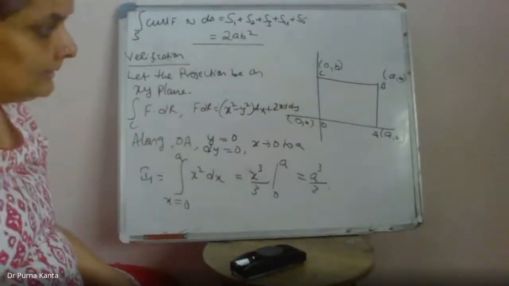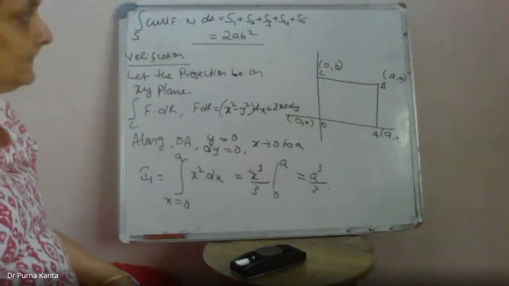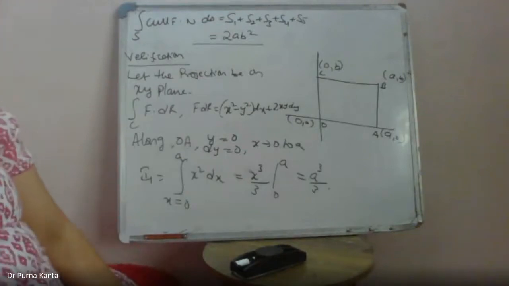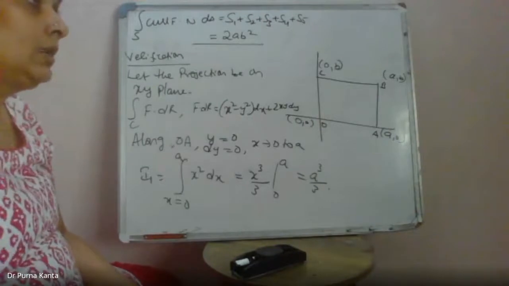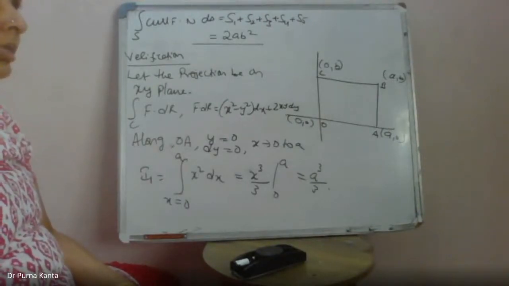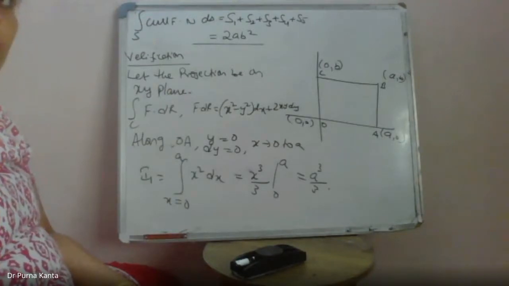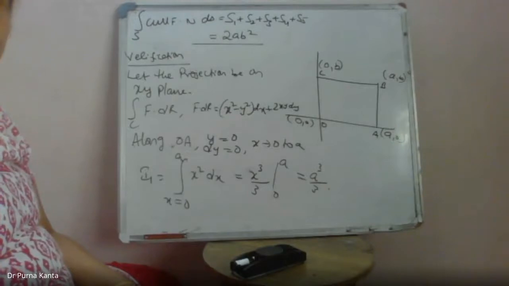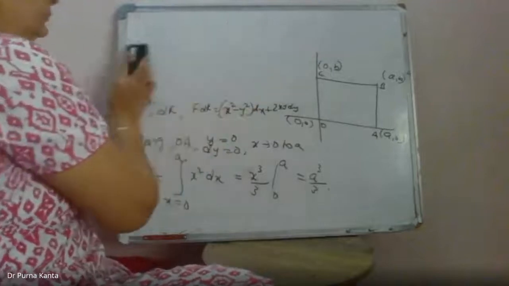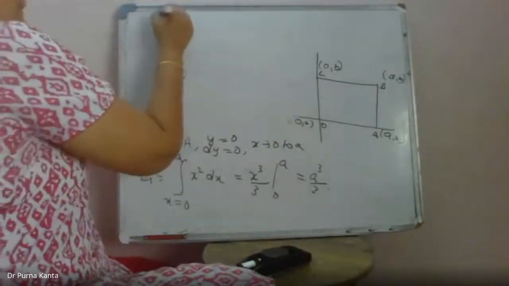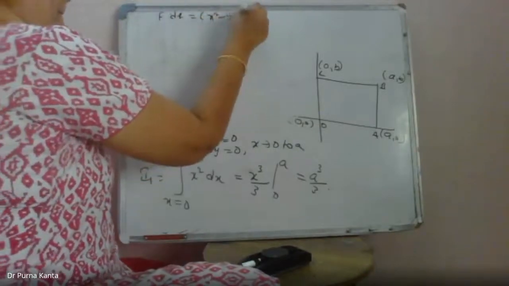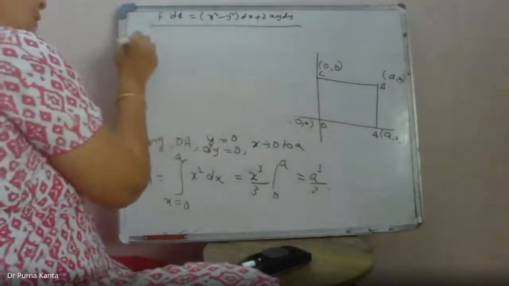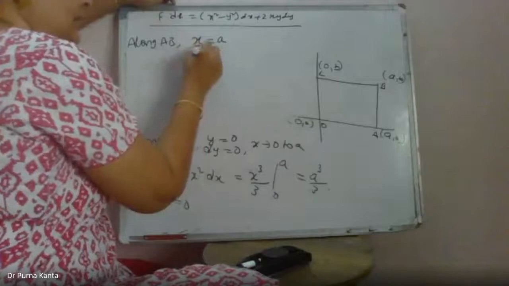Next we go along AB. What is the condition we have along AB? x is equal to a, x is constant, so dx is equal to 0. y is from 0 to b.